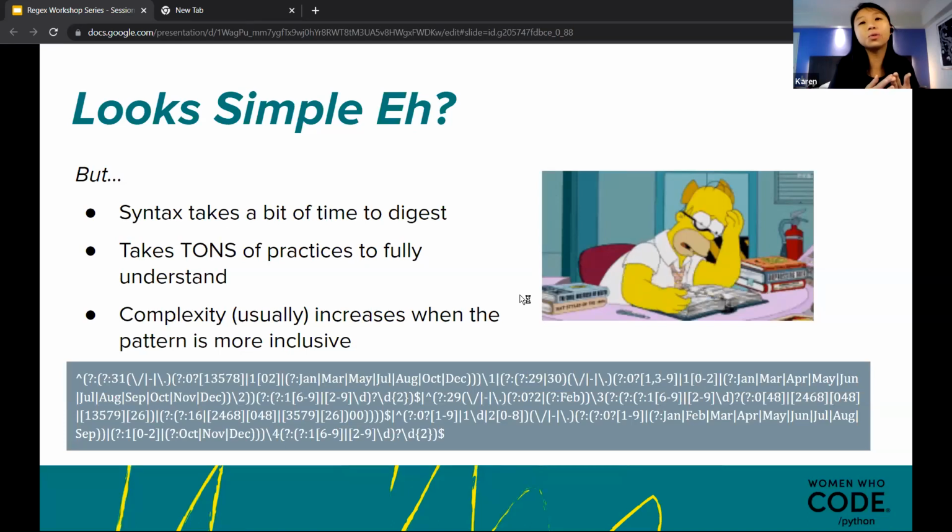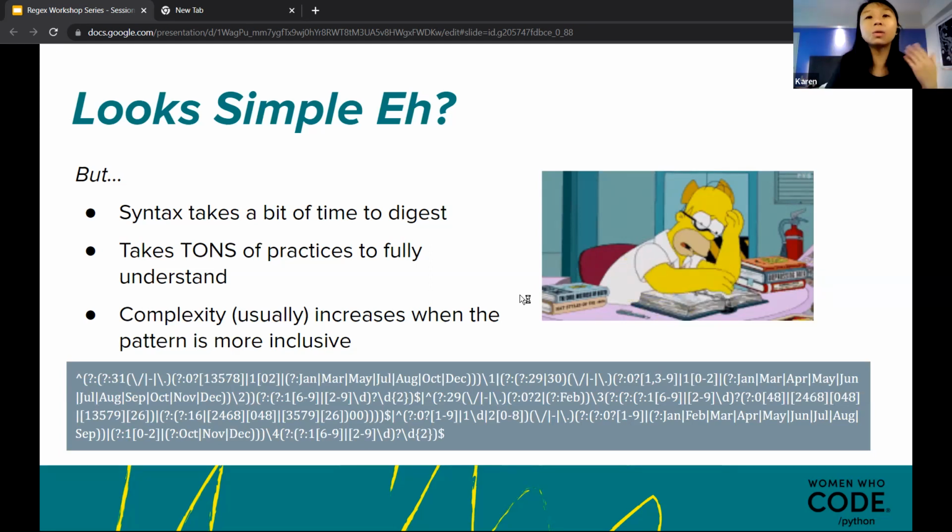Just keep in mind when you want to include a lot of patterns, like you're looking for specific things, which is good. But if you're looking for a lot of things, say singular and plural, you're already starting with a pattern, because not everything ends with es and not everything ends with s.